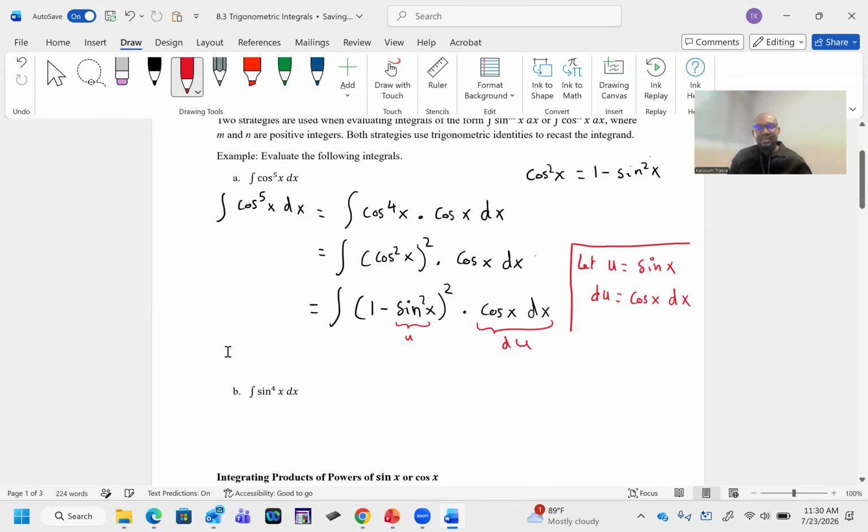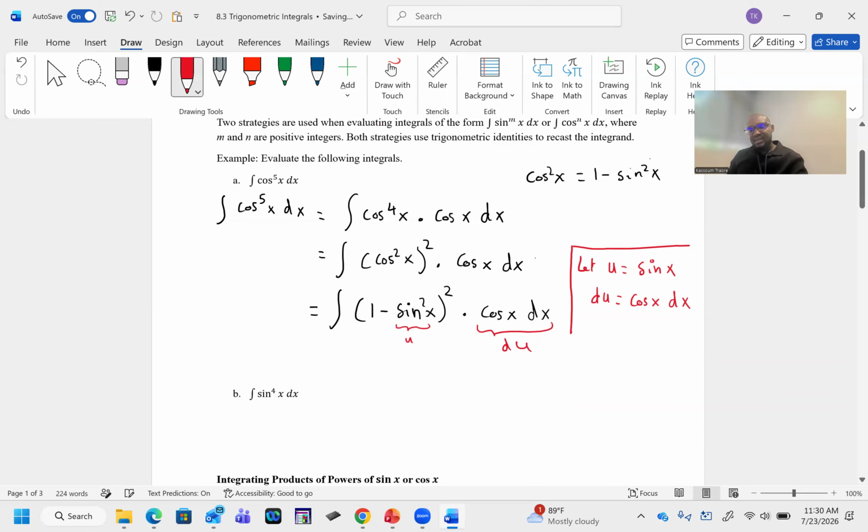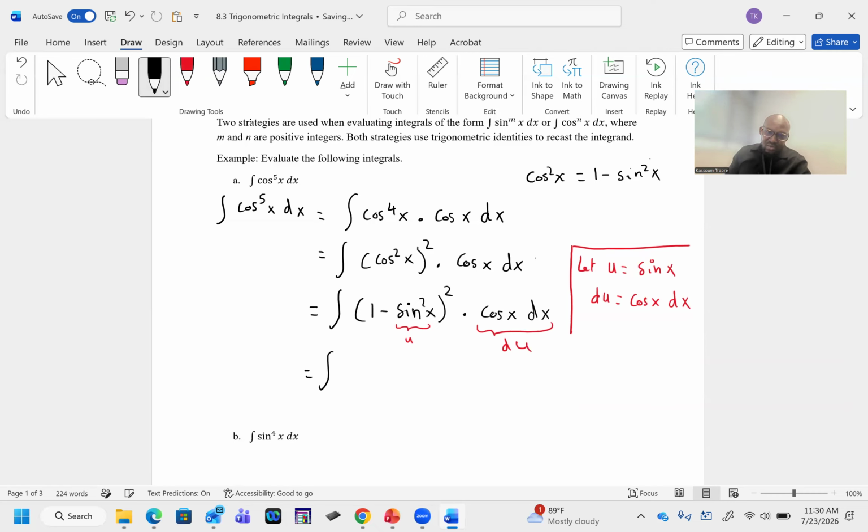So if I do my u substitution, now my integral will become the integral of 1 minus u square, squared, times du. And then I can expand this one.